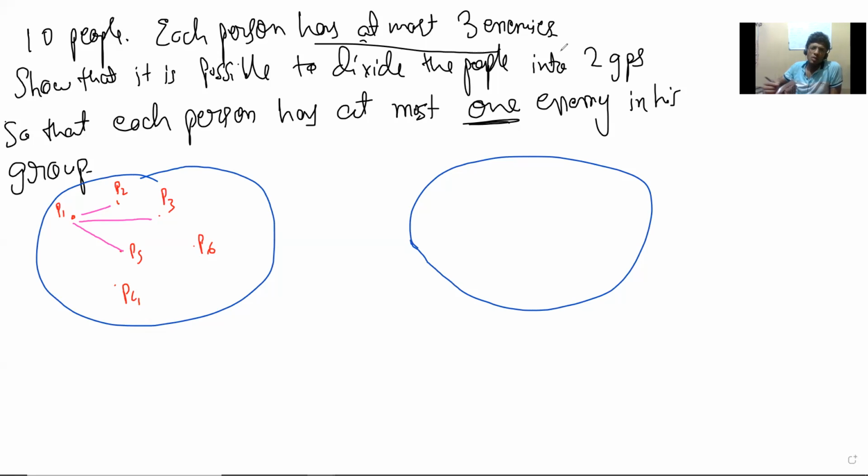Our ultimate goal is to make sure that a person has at most one enemy in his group, right? So if someone has more than one enemy in his group, then, so should I move P1? Should I move P2, P3?